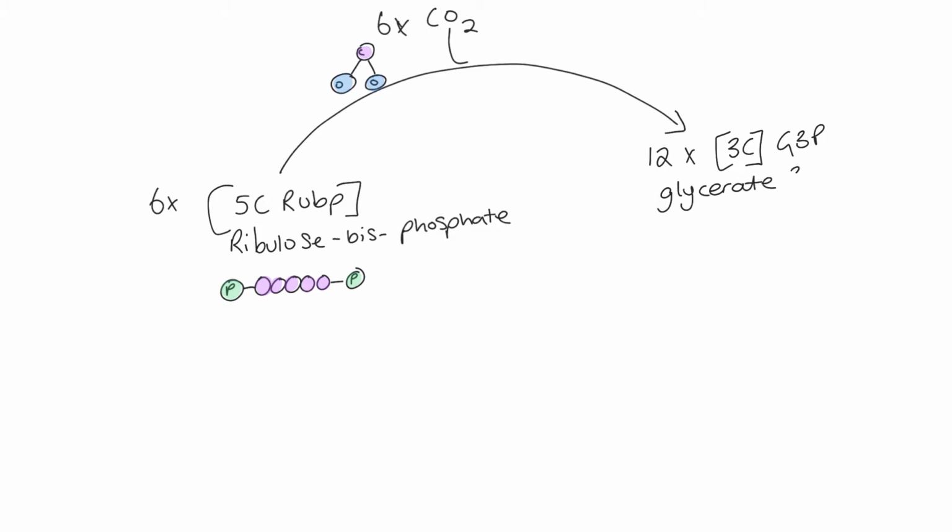So each of our 5-carbon RUBP molecules has joined with the carbon dioxide to produce a 6-carbon intermediate, which is immediately split in a lysis reaction into 2 3-carbon compounds that we call glycerate 3-phosphate. So now we've got 12 of these 3-carbon molecules.